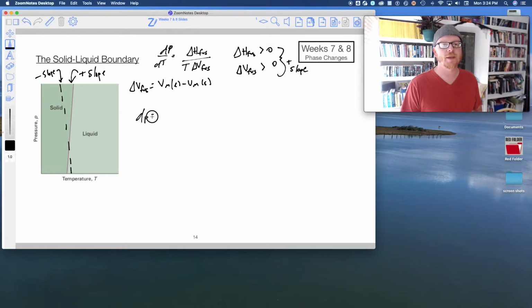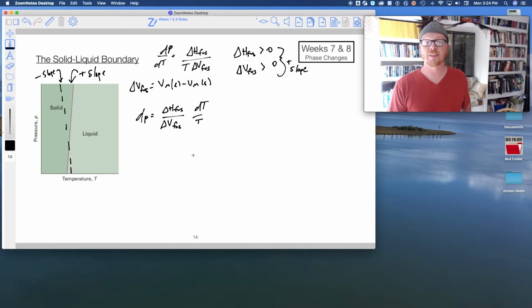So now continuing along here, I'm going to collect like terms in this equation, and I'm going to say dP equals, so I'm going to multiply T over to this side, delta H fusion divided by delta V fusion. And now we're going to keep the T's together because we're going to allow the fact that the temperature of fusion changes with changes in pressure.